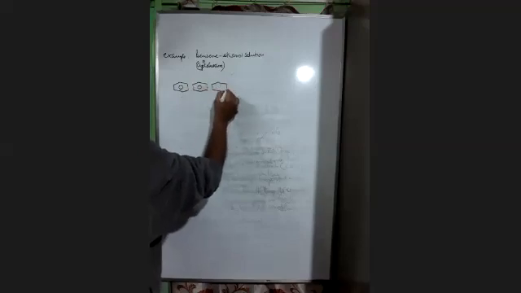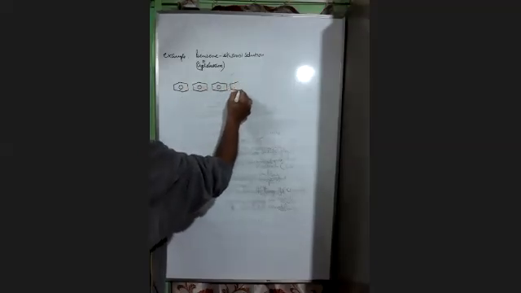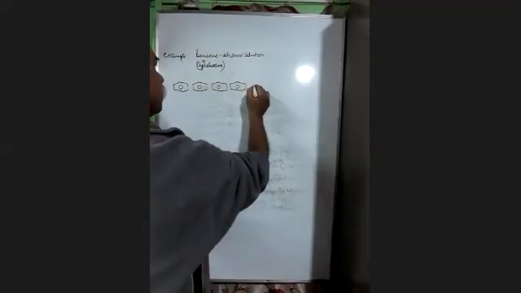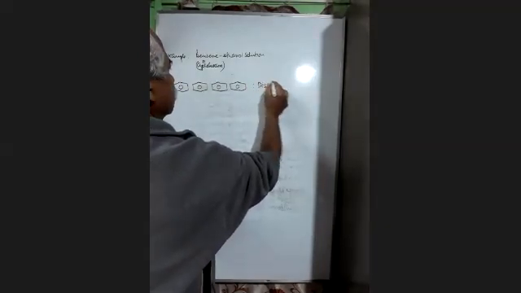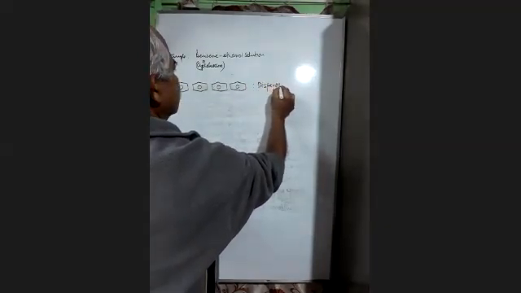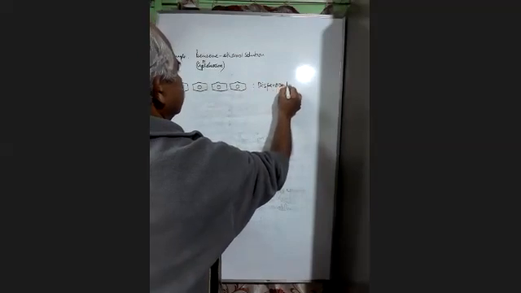See, before I have mixed them, how does the benzene molecule exist? What is the force of attraction in benzene? It has dispersion. I believe you remember dispersion force till now.